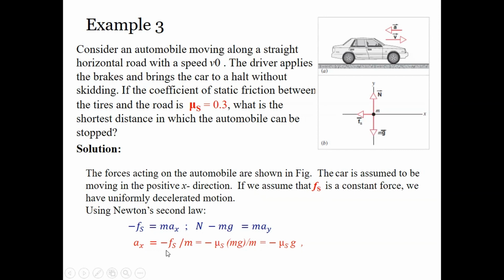From the first equation, a x is equal to Fs divided by m, where Fs is the static friction force, equal to mu s multiplied by the normal force. But m a y is 0, therefore the normal force is equal to mg. So mu s multiplied by mg, divided by m, gives the acceleration, which is mu s times g.